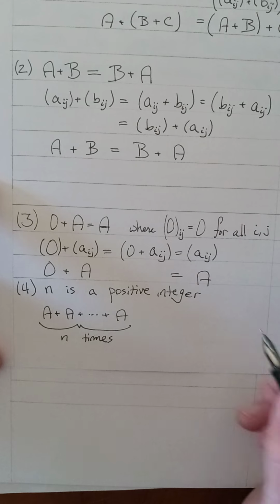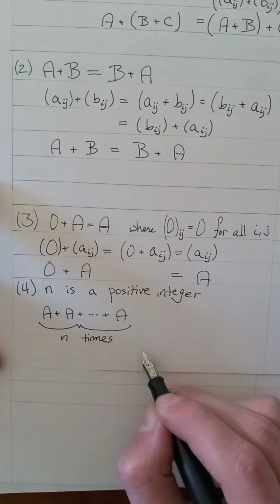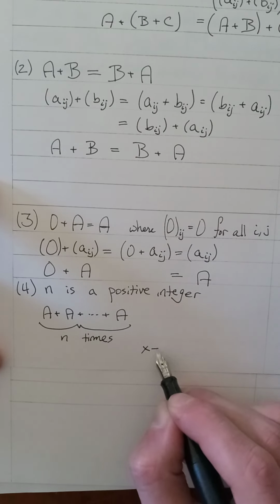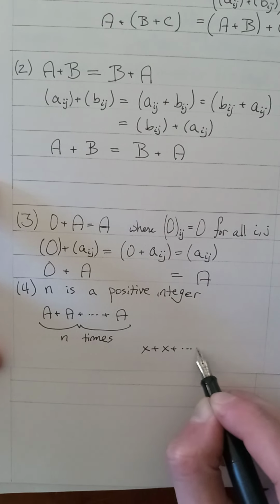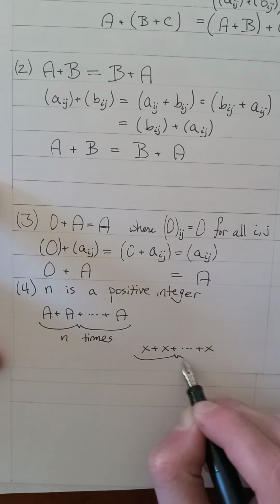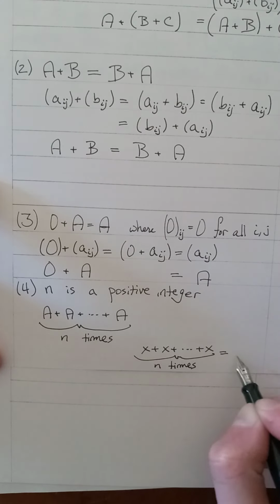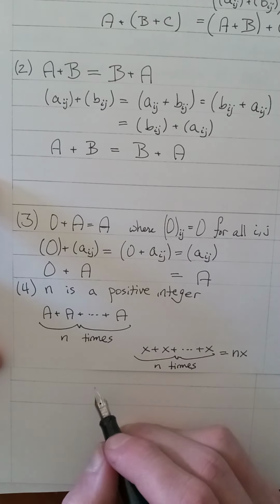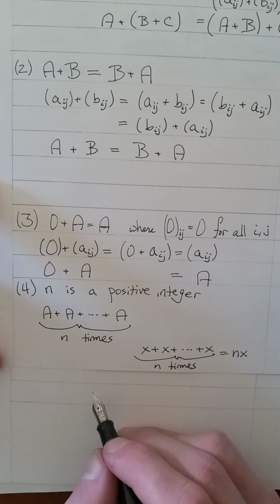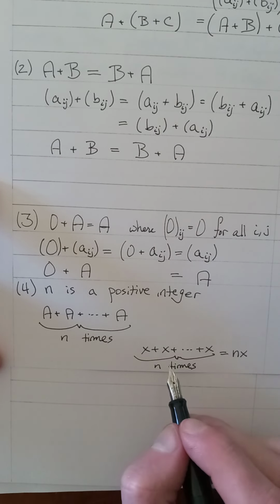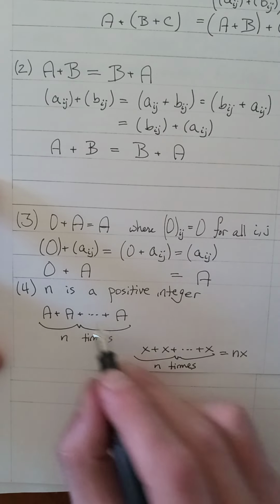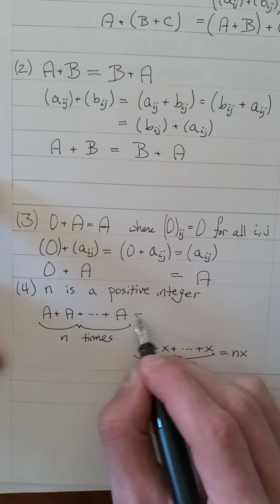Now, if this were a number, remember, we learned in grade school x plus and so on plus x, n times, is equal to nx. We would like to generalize this property now to matrices.